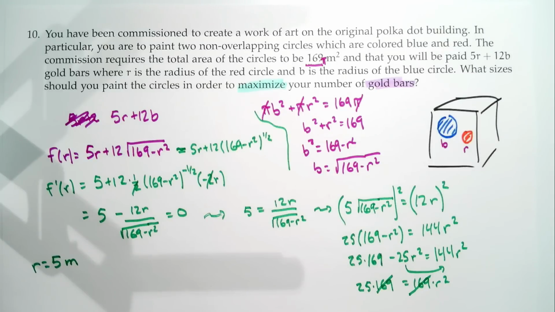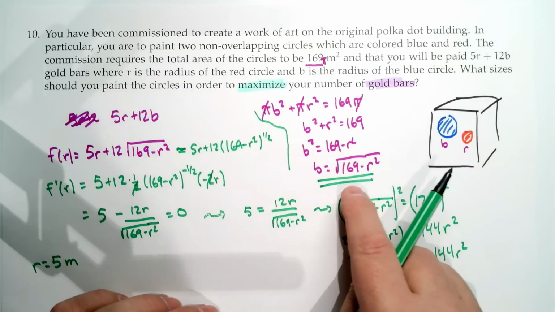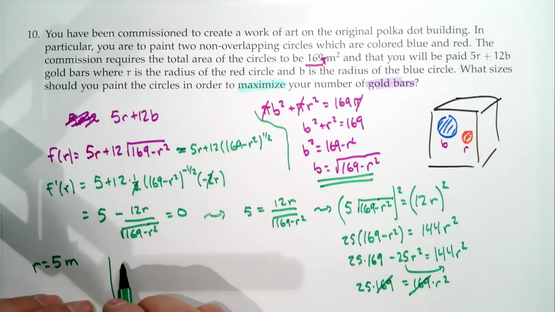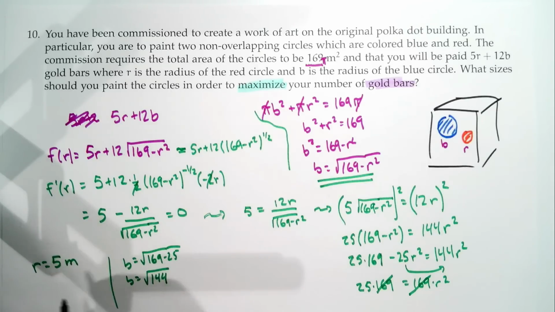Now, suppose we know that r equals 5. Well, what about b? If you take r equals 5 and plug it into your relationship for b, we'll get, with a little bit of side work, b equals the square root of 169 minus 25, or b equals the square root of 144, which means that b should be 12.